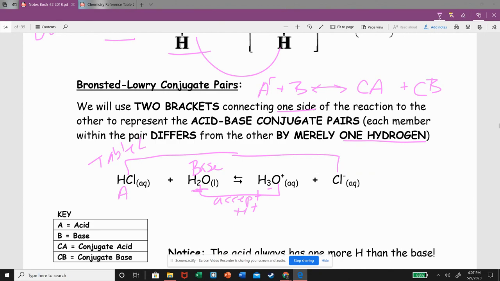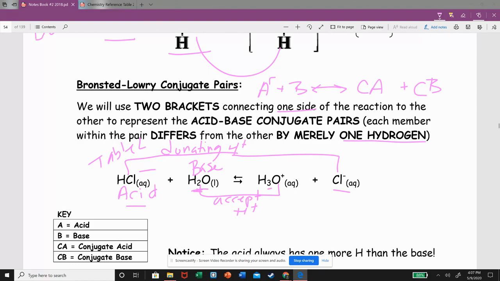So far, okay? If this is the acid, then from HCl to Cl minus, it is losing a hydrogen, from here to here. So this is donating the H plus.